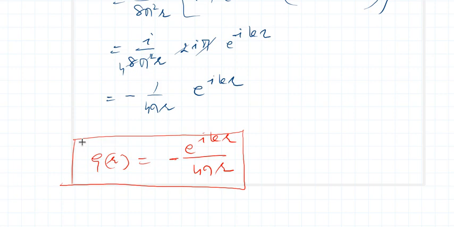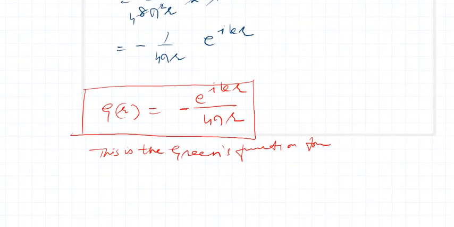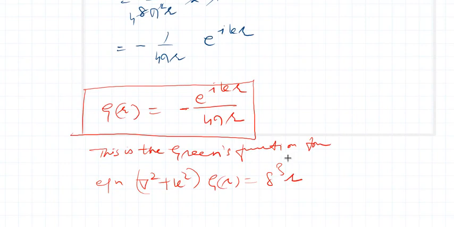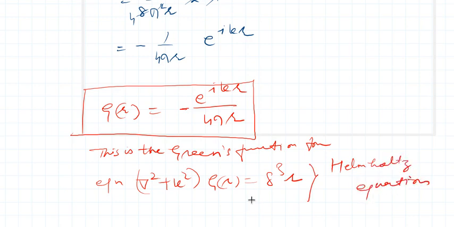So this is the Green's function for the equation del square plus k square G(r) equal to delta cube r, and this equation is also known as the Helmholtz equation.